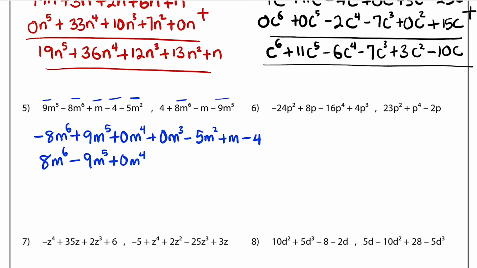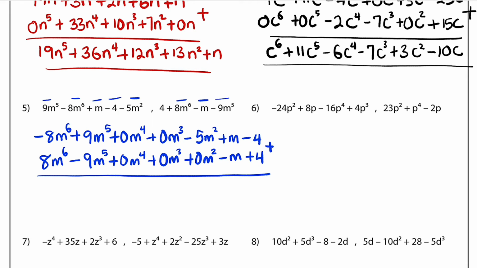We don't have a power of 3 as well, 0m to the power of 3. We don't have a power of 2, plus 0m to the power of 2, but we have a power of 1, which is negative m. Then lastly, we have our constant, which is positive 4. So this is what we need to add.